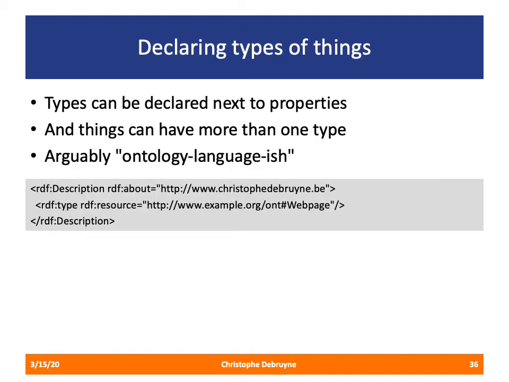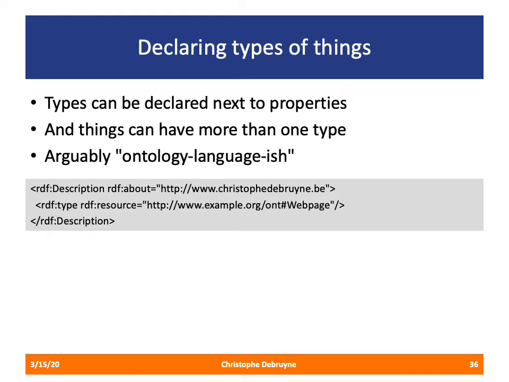Now, next to declaring relationships between things and their values using properties, you can also declare the types of things. And things, resources on the web, can have more than one type. Now, this is arguably something that belongs to an ontology language, whereas RDF is supposed to be a data model, but it's there and we can avail of that.